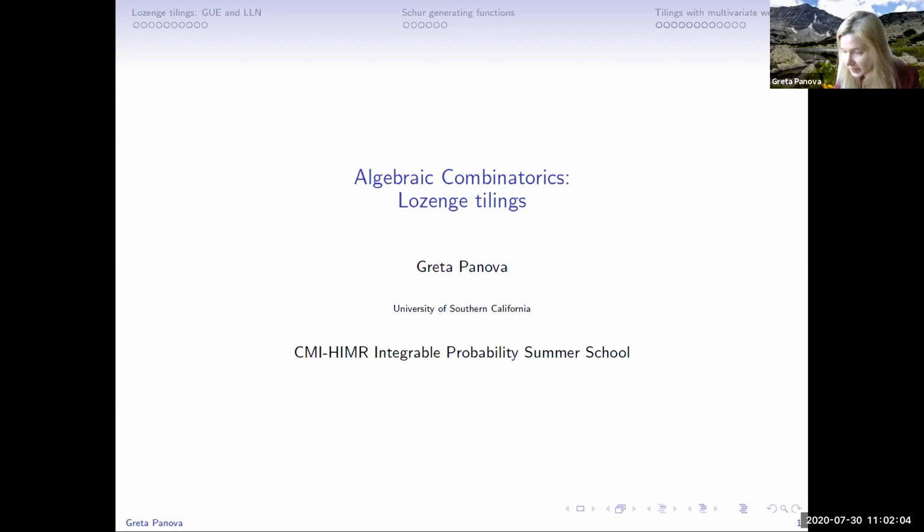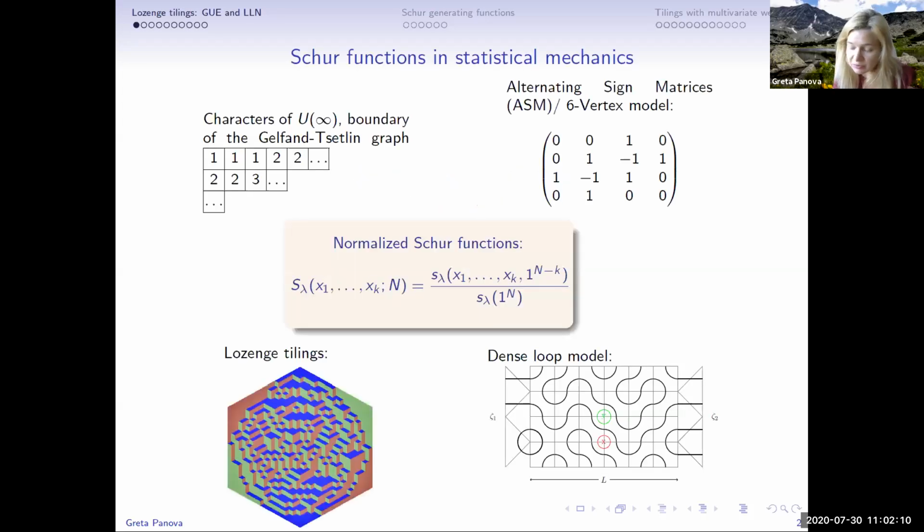Okay. So what are the tools? So the tools are these Schur functions, the characters of the general linear group, and the generating functions for semi-standard Young tableaux and determinantal symmetric functions and so on.